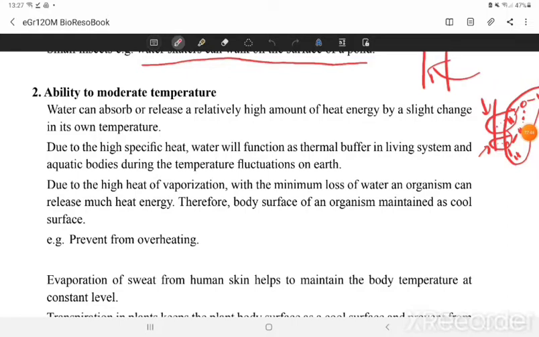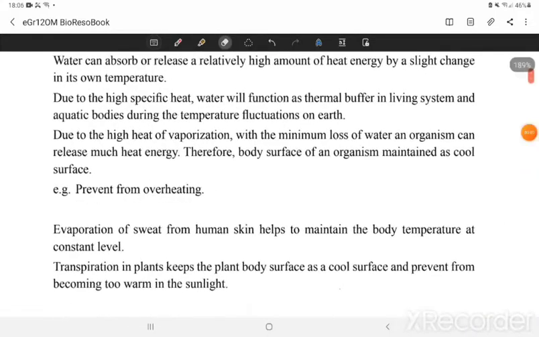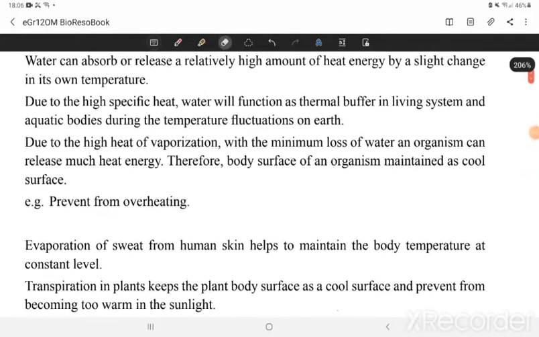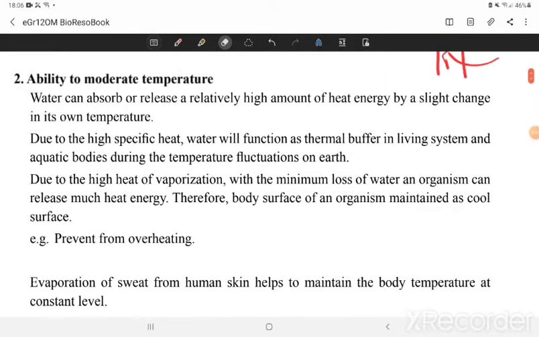So next, we have to talk about the ability of water to moderate temperature. So water can absorb or release a relatively high amount of heat energy by a slight change in its own temperature.